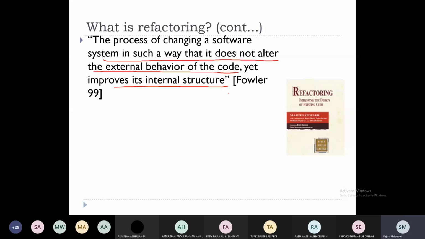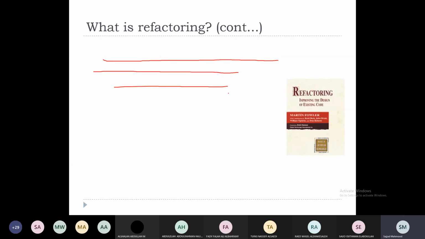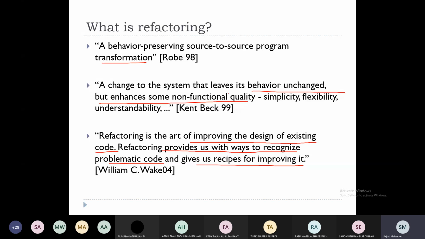Right? So he says that refactoring is all about not altering the behavior of the code, but rather restructuring its internal structure. Now, based on these four definitions, can you pick up a pattern here?